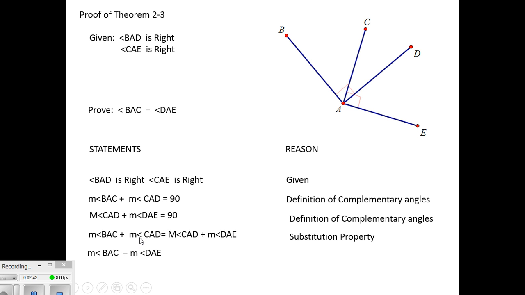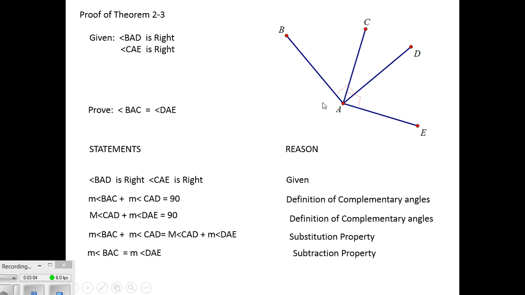Okay, how did I get from this line to this line? I subtracted that same thing off of both sides, the angle CAD, and I was able to get what was asked to be proven. Okay, follow the statements again. Start from the given. From the given, make some conclusion about those.